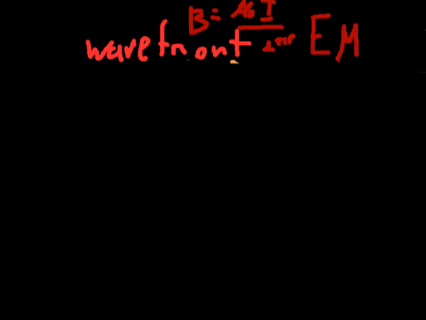Basically, if you have a car, and let's say you're looking at it from a top view, and these are the tires, and it's moving this way. And this is mud.